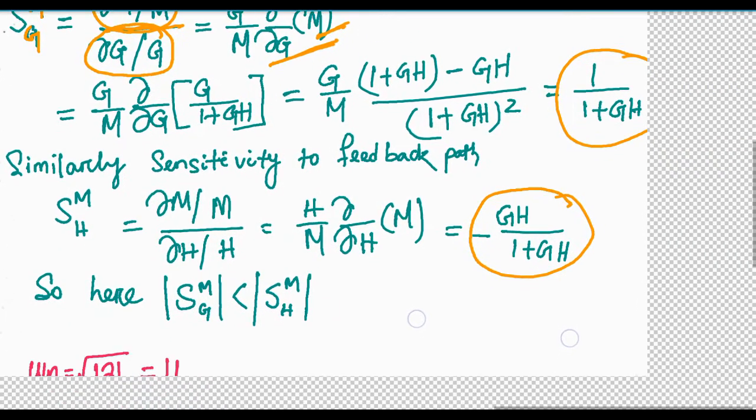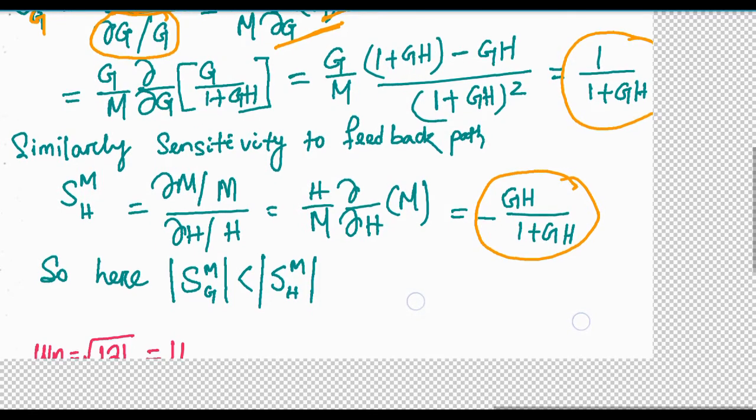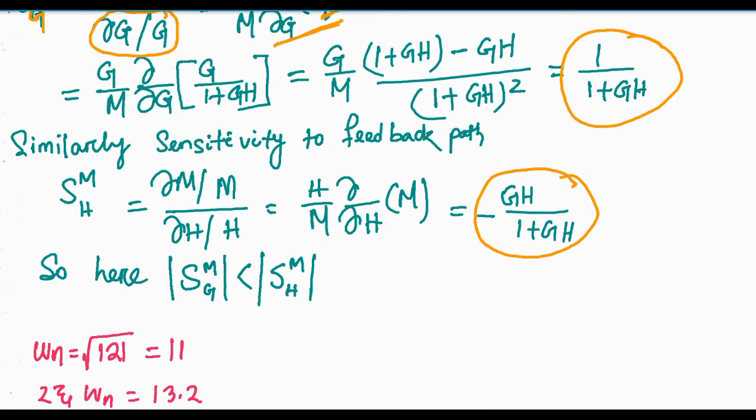If we take the mod, because we are going to compare the sensitivity parameter, not the negative or positive sign, the sensitivity to the feedback path will be greater than the sensitivity to the forward path.